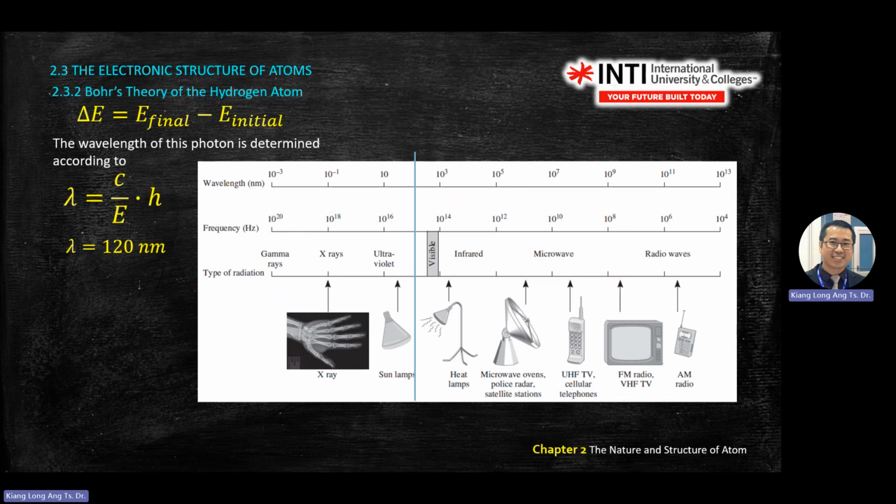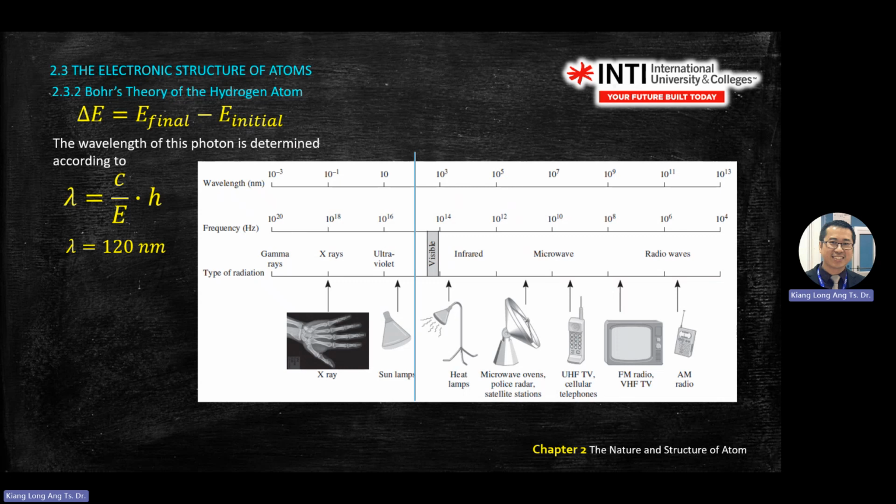Between these two dots is half, here is 10 power 2, right? 10 power 2 is 100. So this 120 is a little bit off the center. Then you draw a line, then you tell me what is the type of the radiation and so on.